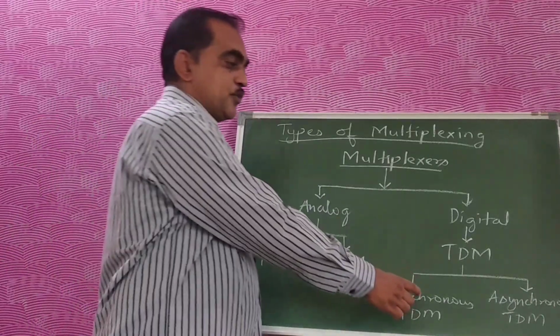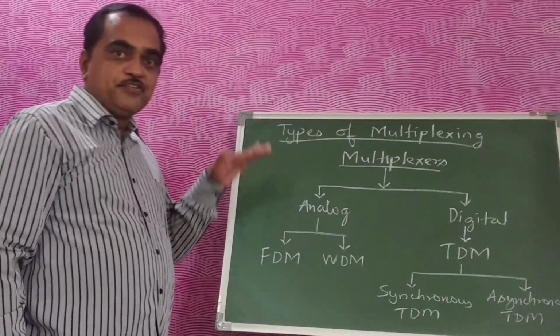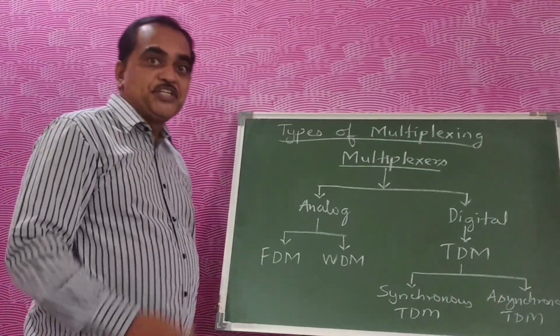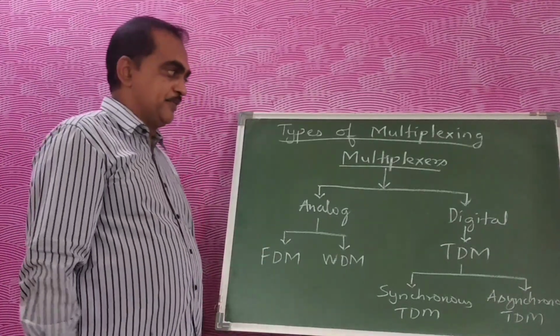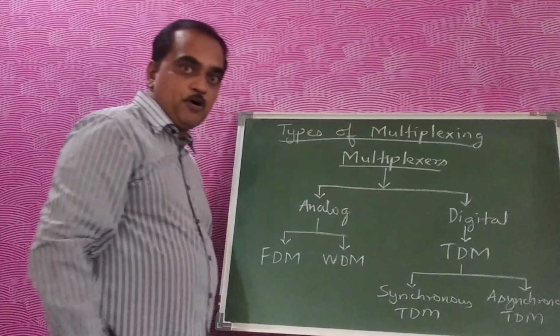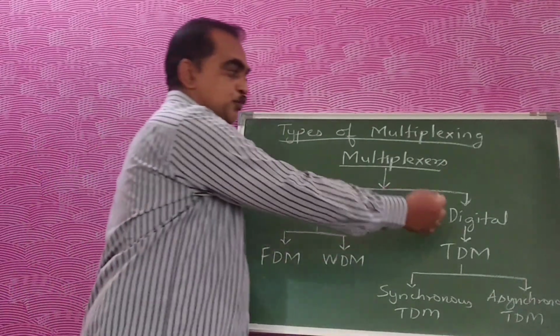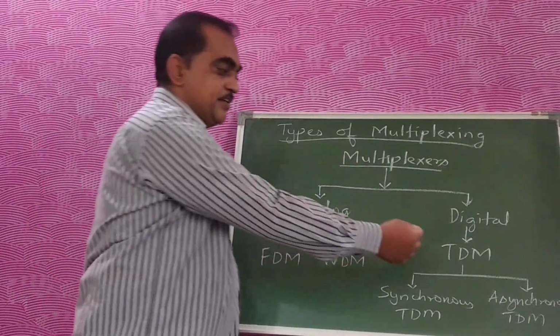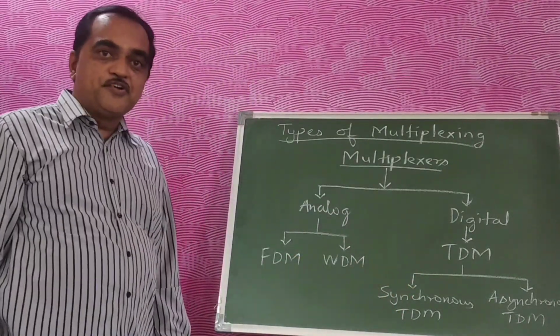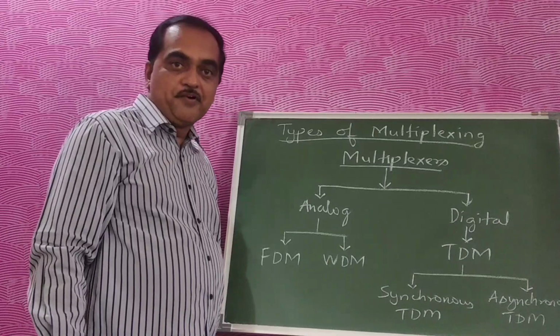That's why they are called synchronous and asynchronous. So this is the basic division of types of multiplexing: analog, digital. Analog again goes into FDM or WDM, digital goes with TDM, and TDM is again separated as synchronous TDM and asynchronous TDM.